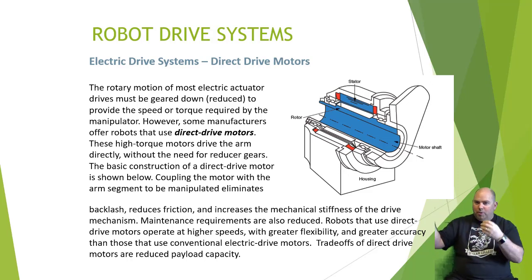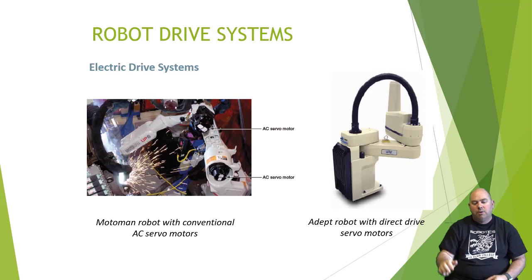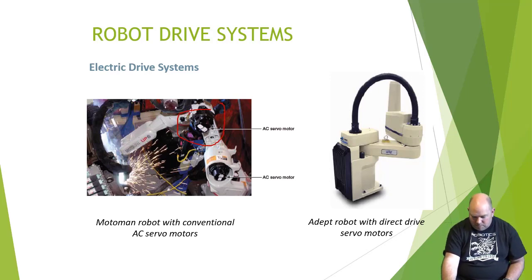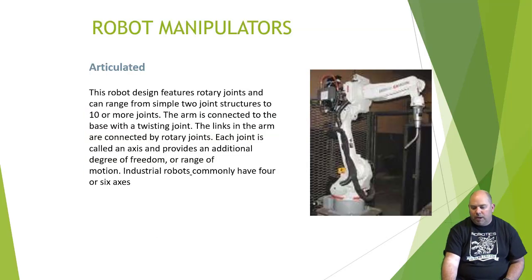So we have a motor, goes right here on the joint, and can directly make things move very quick, very accurate, like that, with great results. So here's some pictures here, and that's a motor there, and you can see how these motors are located like that, directly over the axis when they're running.